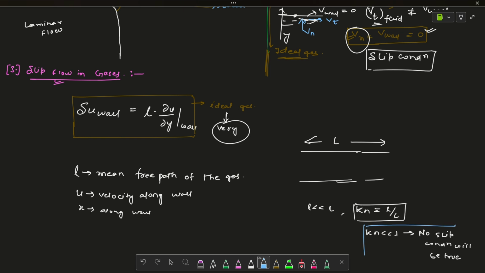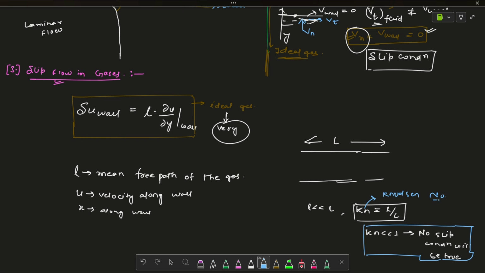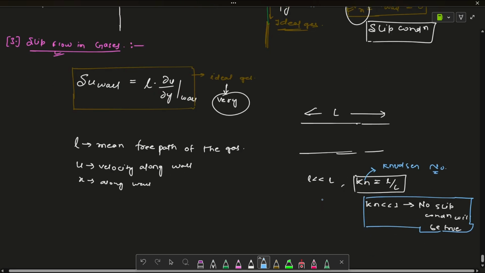So whenever the mean free path, small l, is very small compared to the total length, the dimension of the pipe or anything, then the no slip condition is valid.